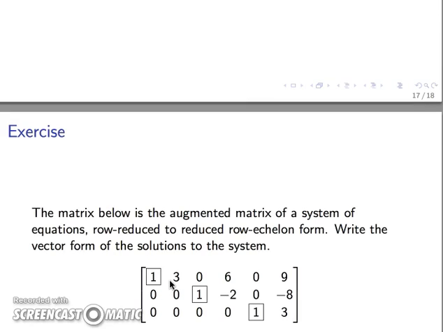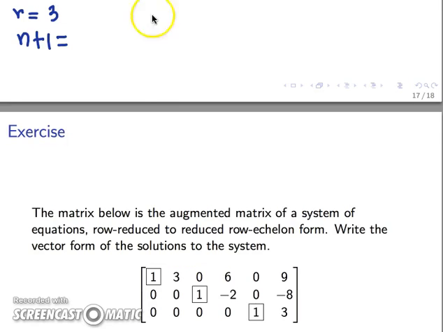So in this example, we can see that first, little r is equal to 3. Second, the number of columns in this matrix is n plus 1, and there are exactly 6 columns there, right?